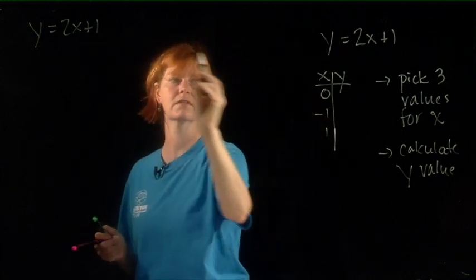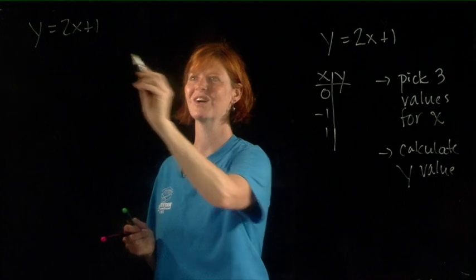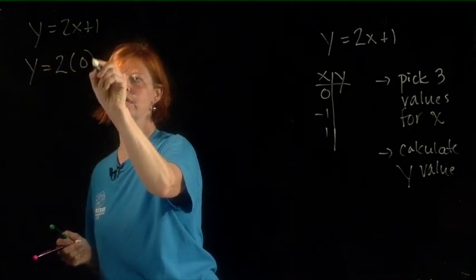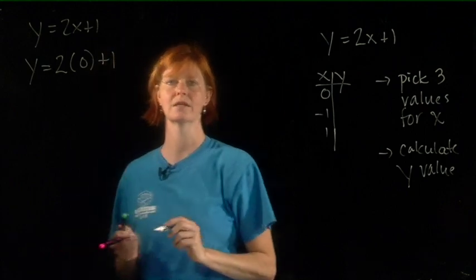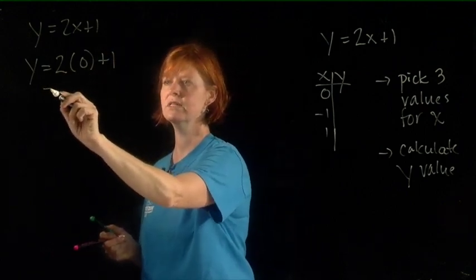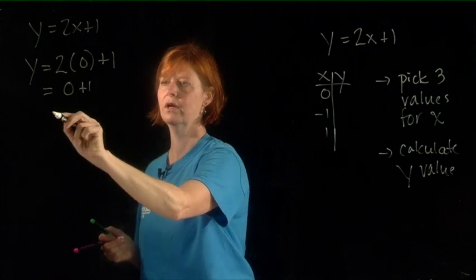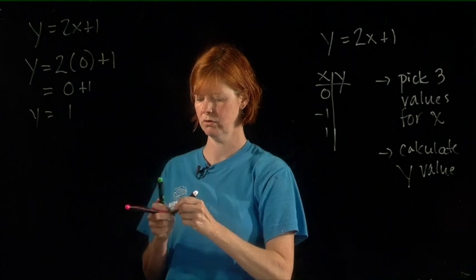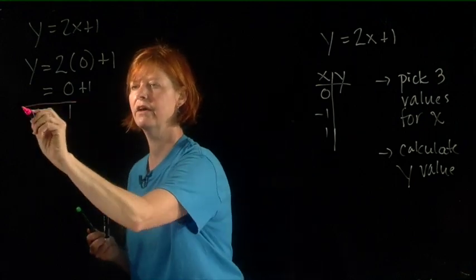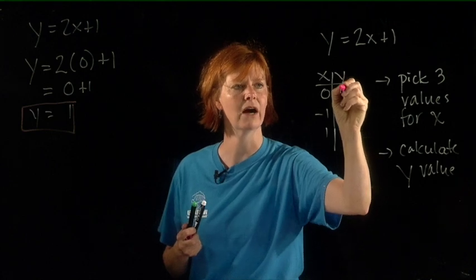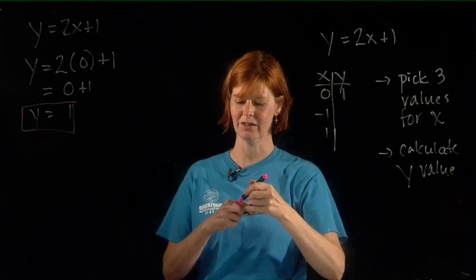So this is the x, this is the x, so you take the 0 and you plug it in there. Y equals 2 times 0 plus 1. And you do your order of operations. 2 times 0 is 0. 0 plus 1 is 1. Okay, that value, to be clear, this value right here, in pink, is going to show up right there. Okay, that's what I mean by calculate the y value.